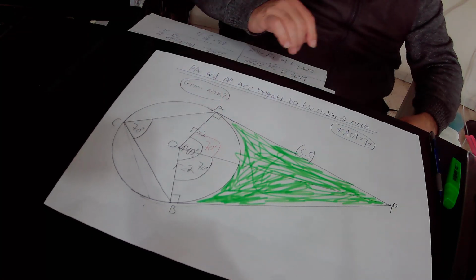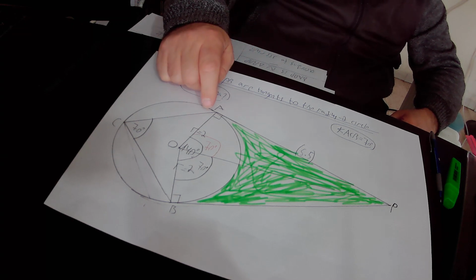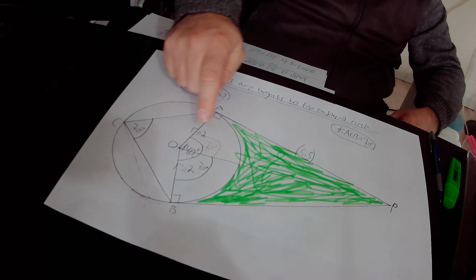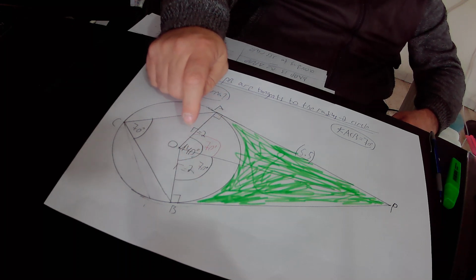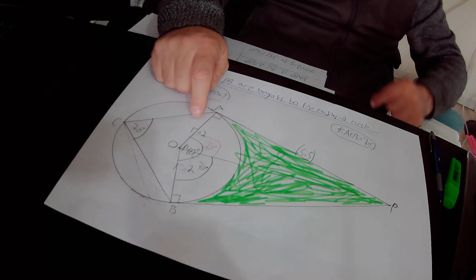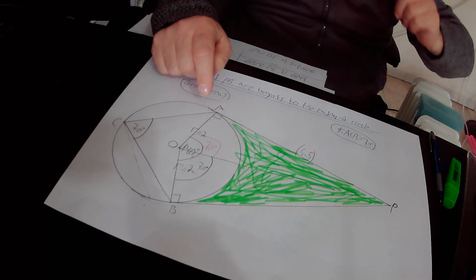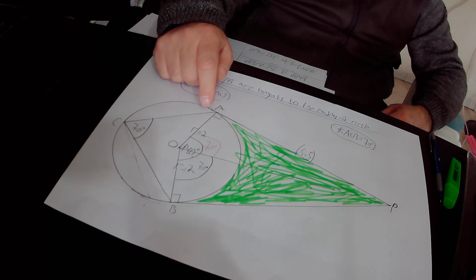Why are those two right triangles congruent? First of all, side AO of the right triangle AOP is equal to side OB of the right triangle BOP. They are both radii of this circle, therefore they are equal to each other. Each side equals 2, that is the radius of this circle.